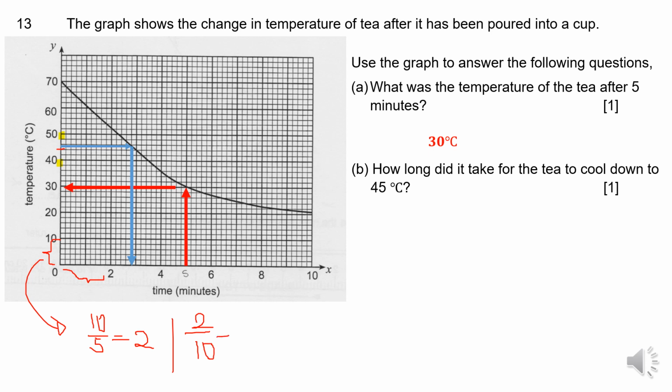So one little square represents 0.2. When I'm here, I can read this off as 2.2, 2.4, 2.6, 2.8, 2.9 is somewhere there. And that's how that particular question is done. So I get about 2.8 minutes there, and that is the acceptable answer.